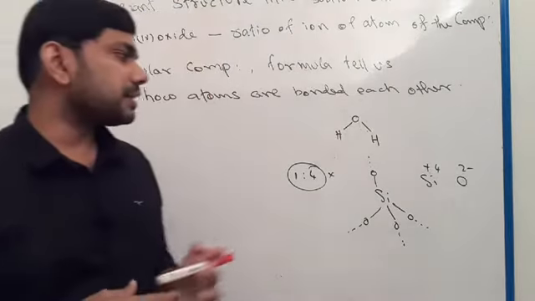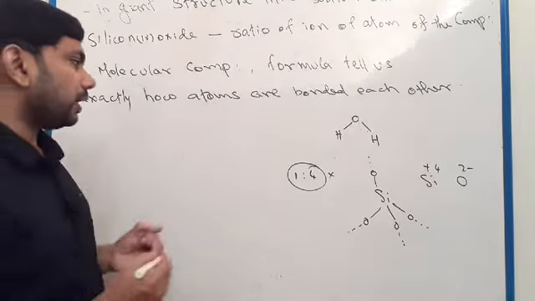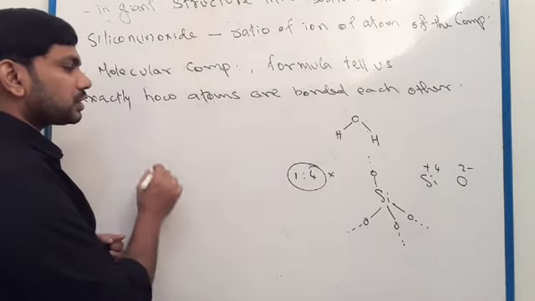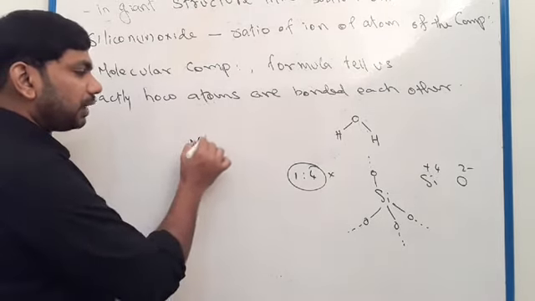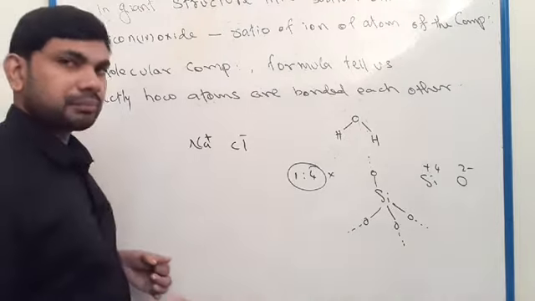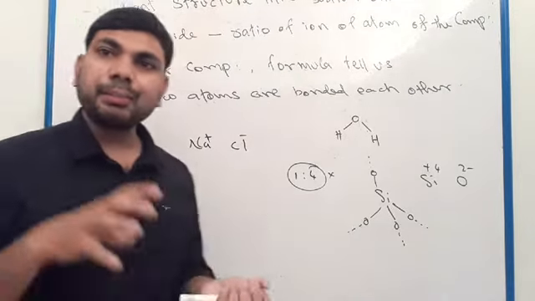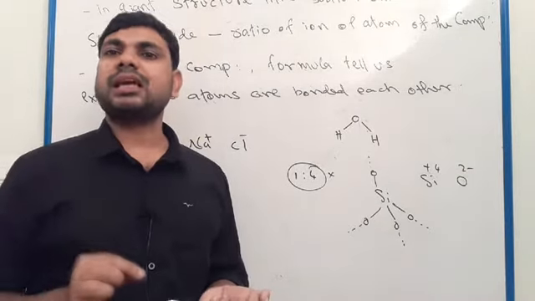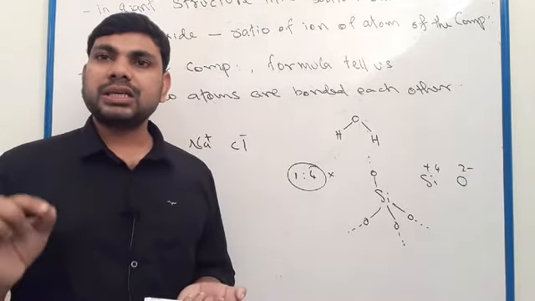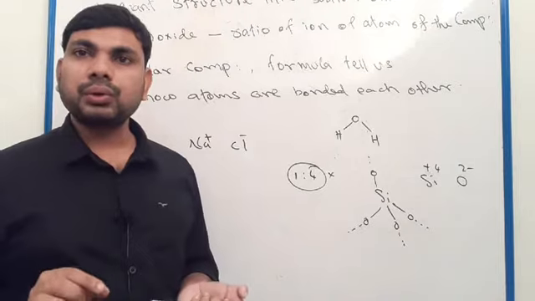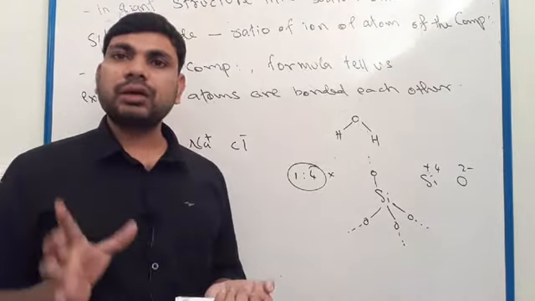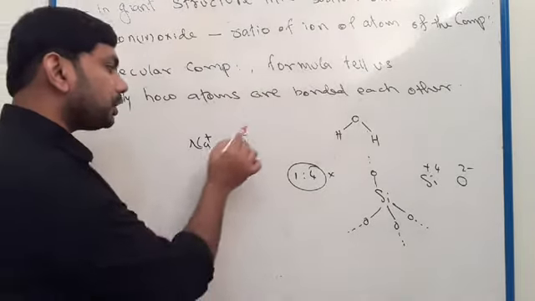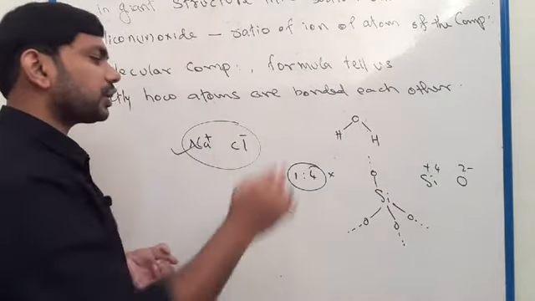See here the example sodium chloride. We know sodium chloride is made up of Na plus and Cl minus, 1 Na plus and 1 Cl minus. But it is not one molecule. We cannot say one molecule of sodium chloride because it is a giant structure.